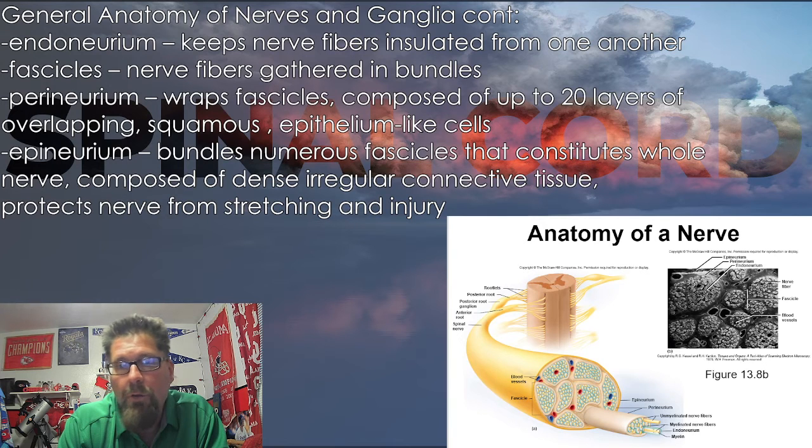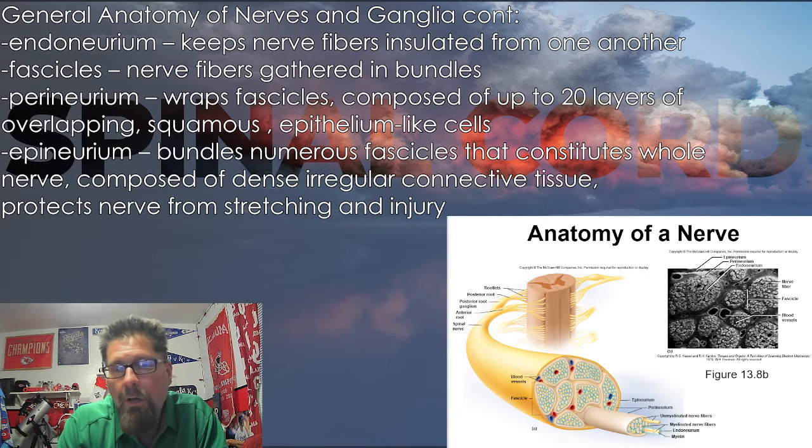You can see the word fascicle on the left-hand side by that bracket, and it's bracketing all those little blue things, and there's some yellow in there as well. That would be a fascicle. So if you're looking at this diagram, there are 1, 2, 3, 4, 5, 6, 7, 8 fascicles in there.